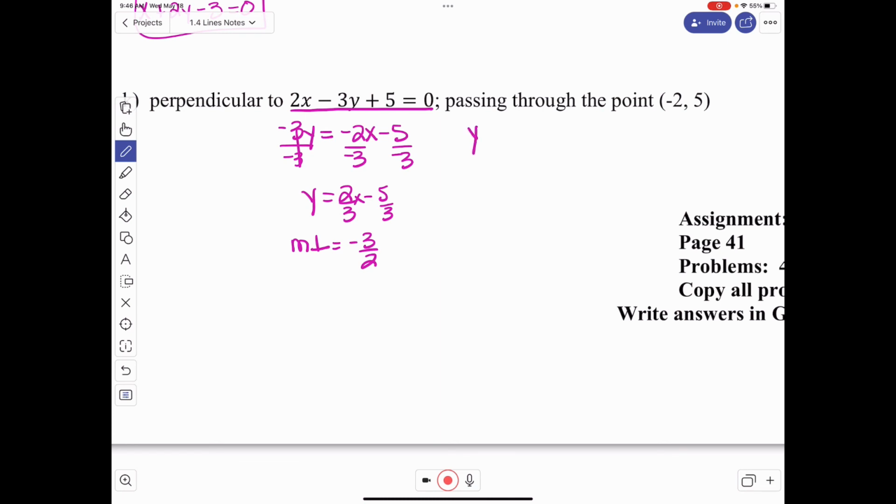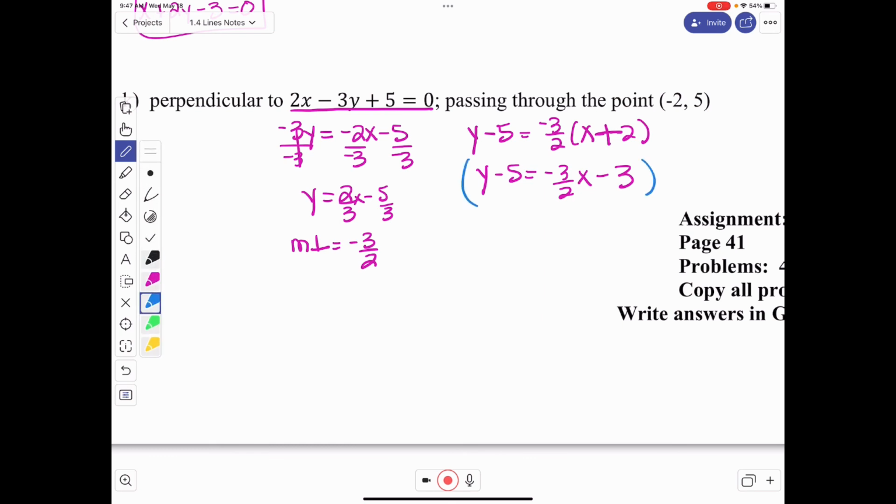So now if it passes through the point, so y minus 5 equals negative 3/2 times x minus negative 2. So if I distribute negative 3/2 x, so that becomes a plus, and so minus 3. I'm going to multiply everything here by 2.